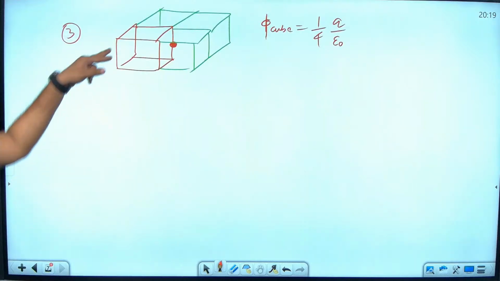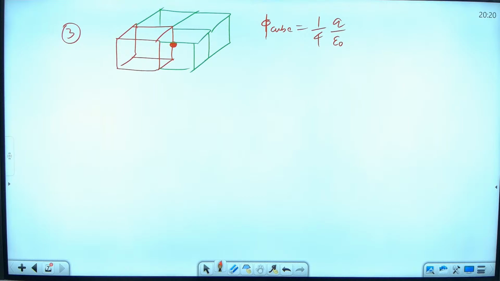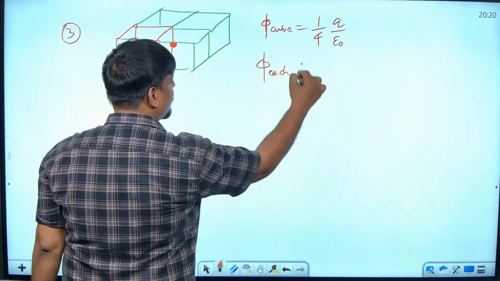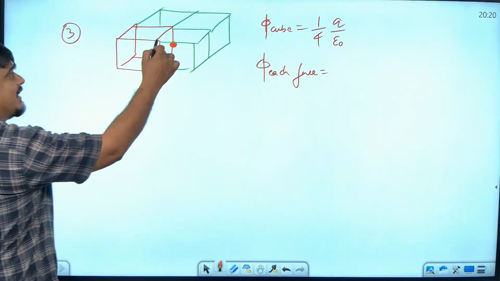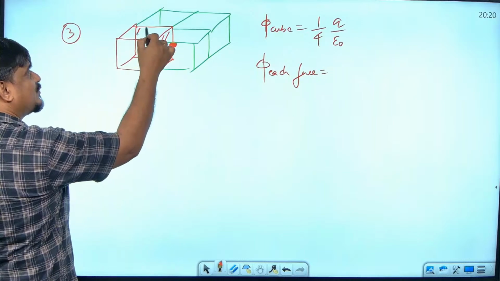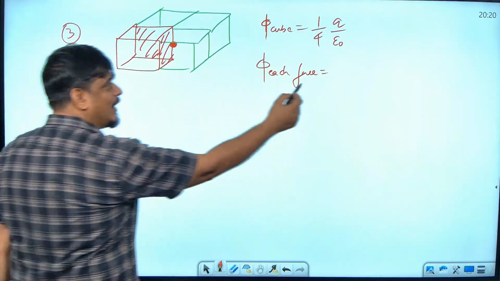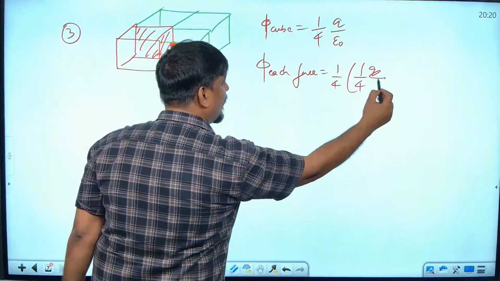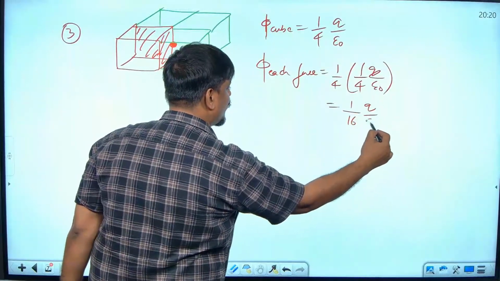Here I have 4 cubes, so each cube will get 1 by 4 times of q by epsilon naught. And what about the flux through each face? Very good, 1 by 16. Because if I keep the charge here, this face and this face will not be considered. Only 4 will be considered. So 1 by 4 times of 1 by 4 q by epsilon naught. The answer is 1 by 16 times of q by epsilon naught.